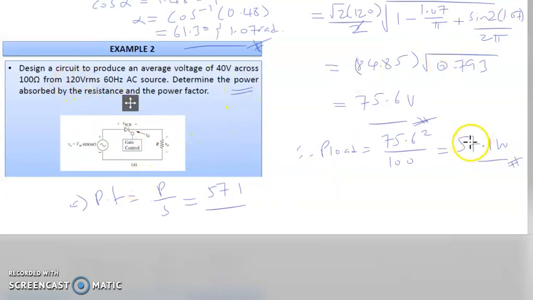So for the current, we have V divided by R. We have 75.6 volt divided by 100 ohm. So that's the current that flows into the circuit. So we have 0.63 of power factor of this circuit.